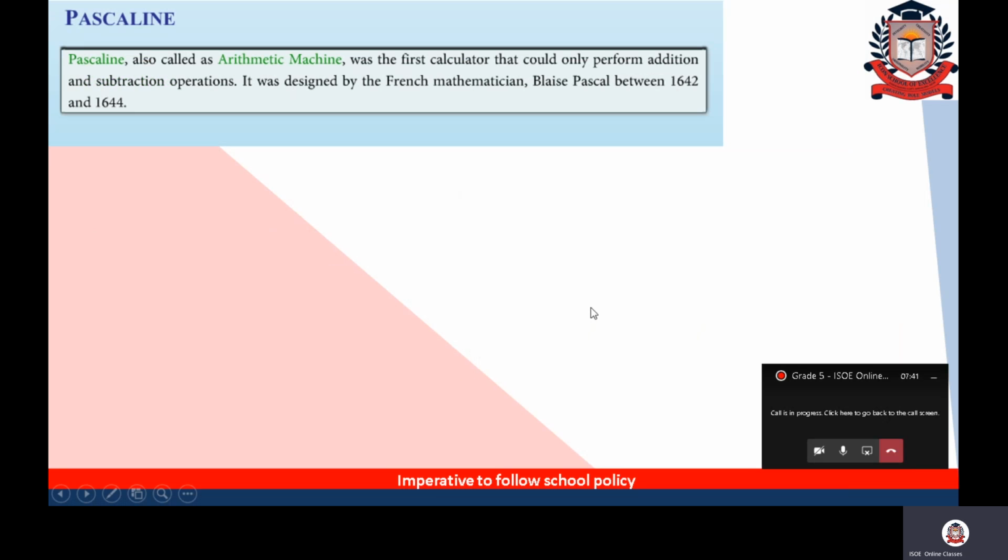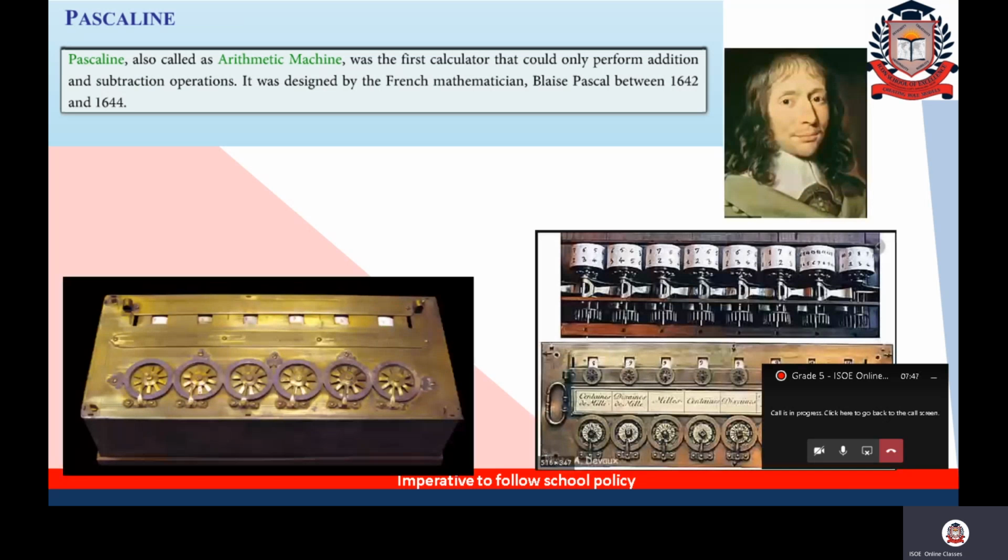Okay, the next one is Pascaline. Pascaline, also called an arithmetic machine, was the first calculator. He was the first person to invent a calculator that could only perform addition and subtraction operations. Okay, the abacus is also for addition and subtraction, but this is an arithmetic machine. It will give you an output in a printed way like this.